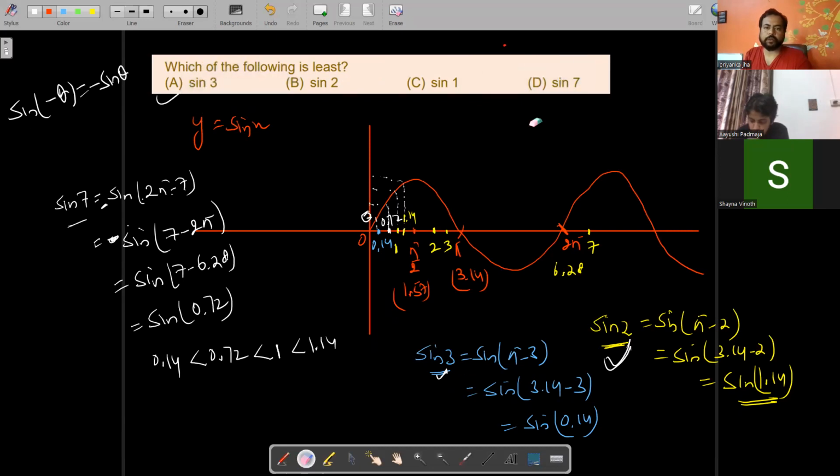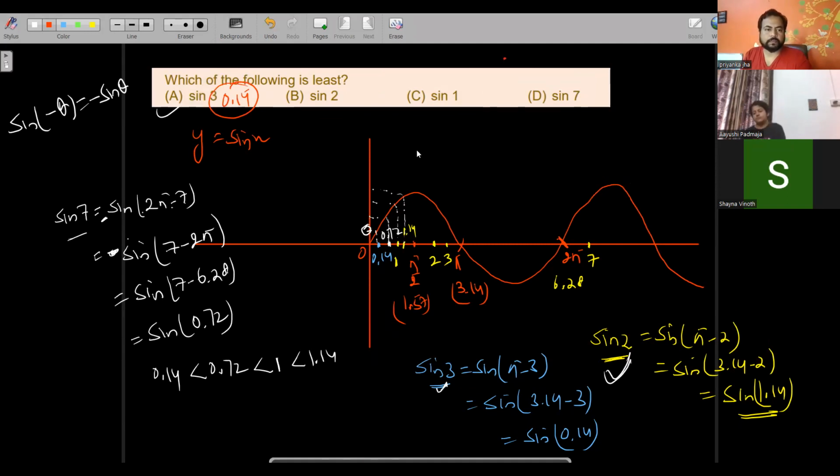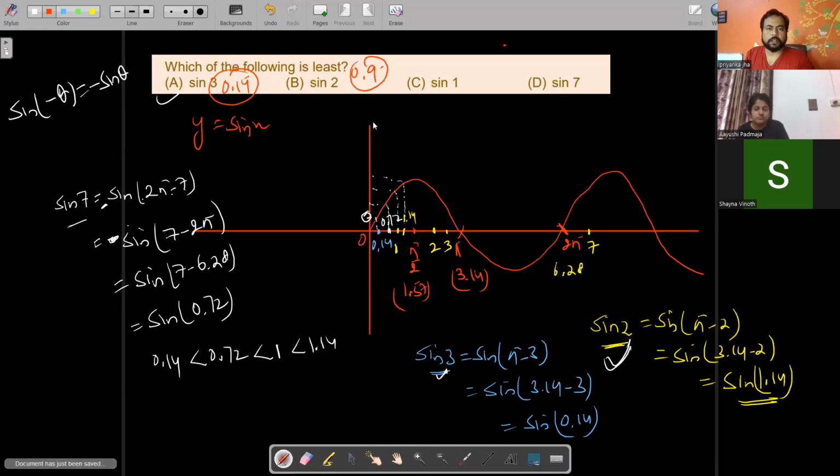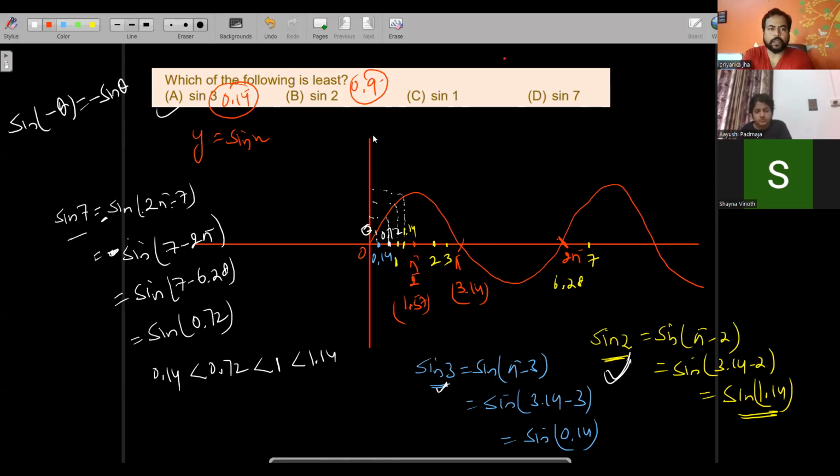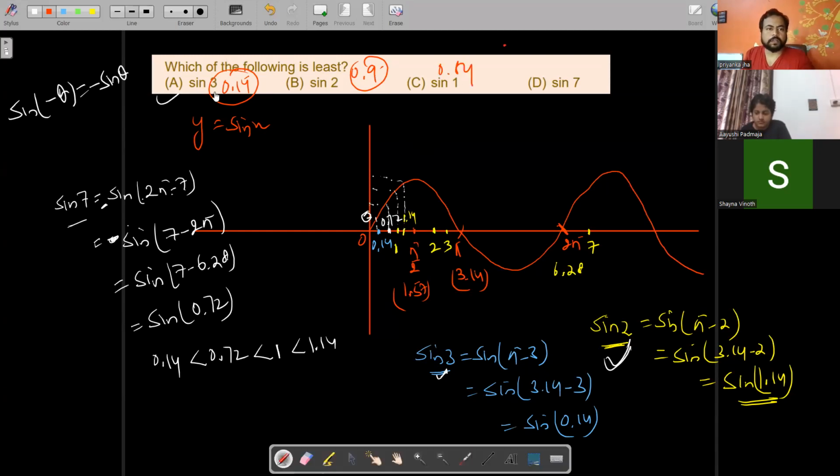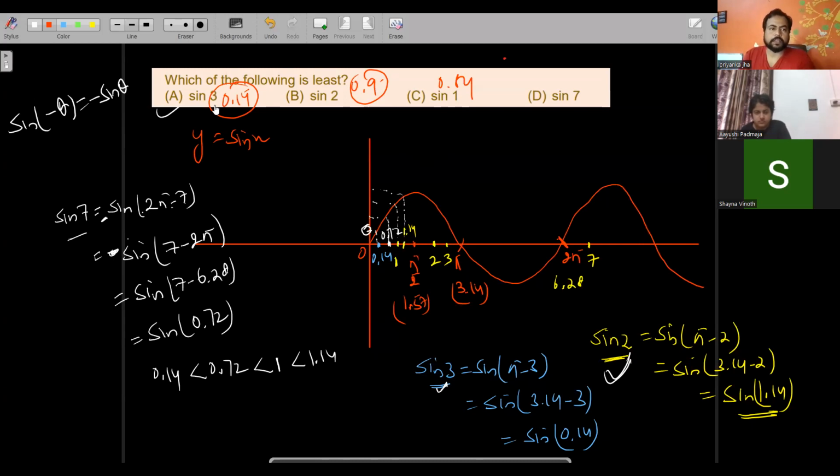Sine 2 is 0.9, sine 1 is 0.84, sine 7 is 0.65.